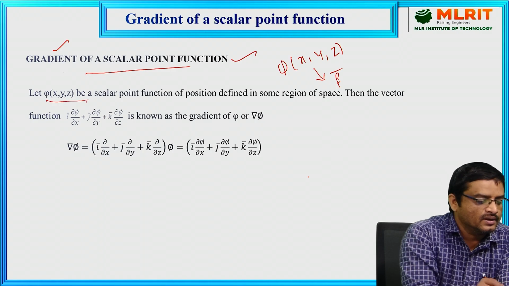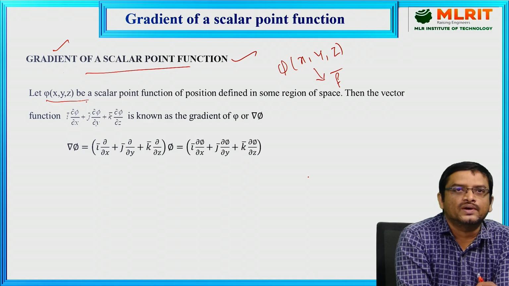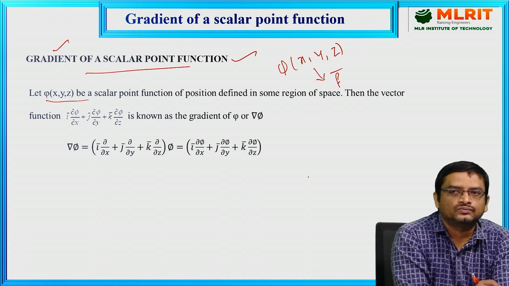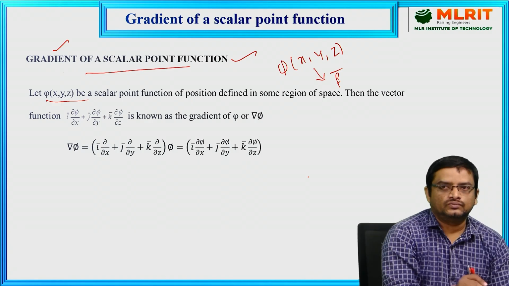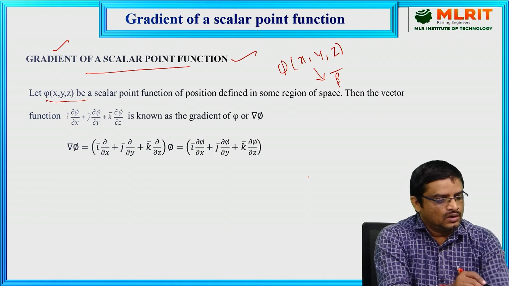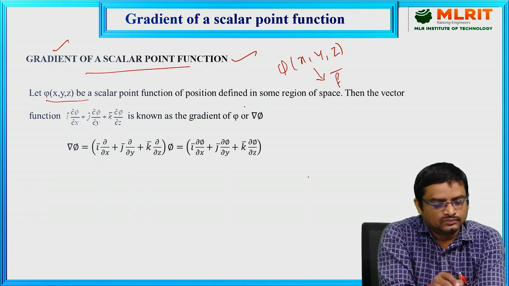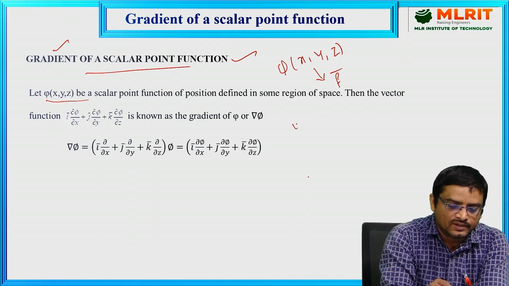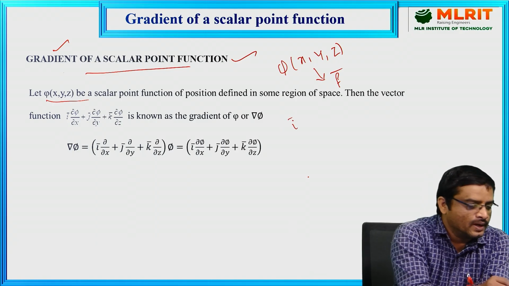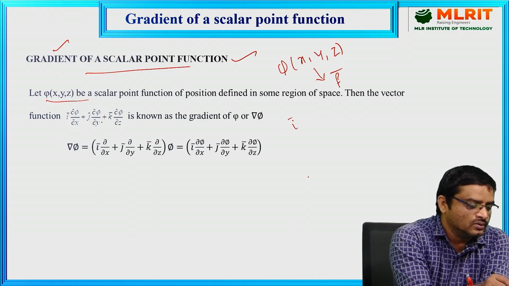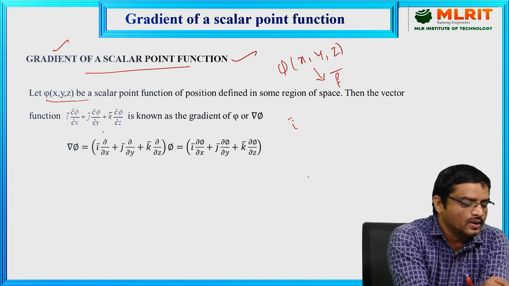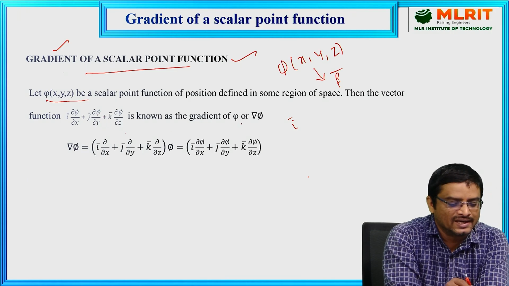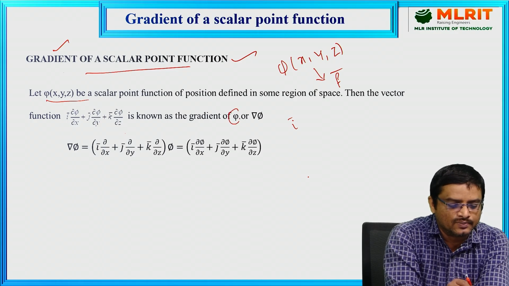Let φ of x, y, z be a scalar point function on some region of space. Then the function i bar ∂φ/∂x plus j bar ∂φ/∂y plus k bar ∂φ/∂z is known as the gradient of that scalar point function.